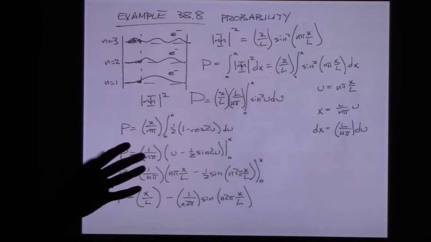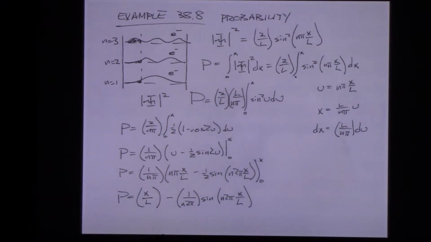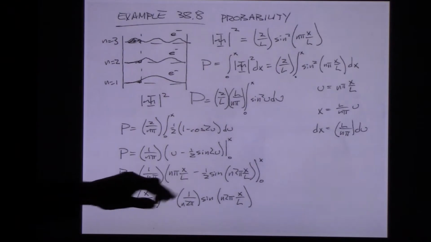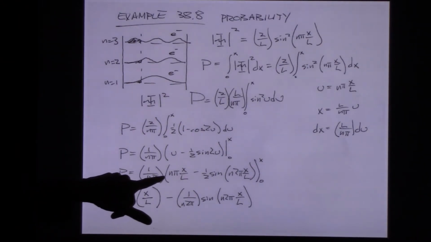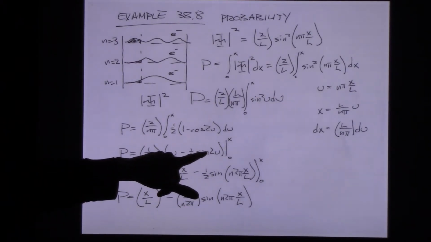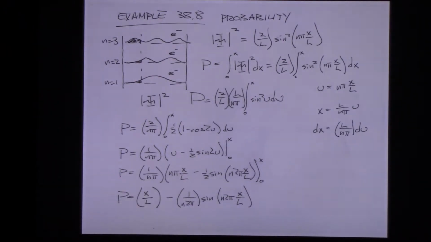I'm going to back substitute into x's. So we substituted into u, did some integration, and now I'm going to back substitute and put the x's and the n pi's back in. So I'm getting P is 1 over n pi, n pi x over L minus 1/2 sine, that's a 2, so 2 n pi x over L, evaluated between 0 and x.